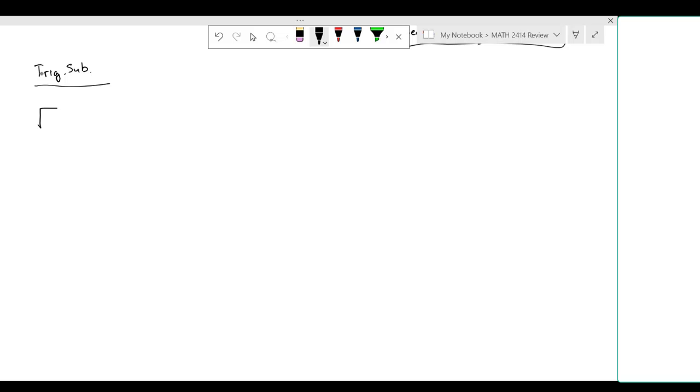Do you remember the cases? This is where you have a root and then you have two terms inside the root. Let me start with the simplest one. You have those three cases.